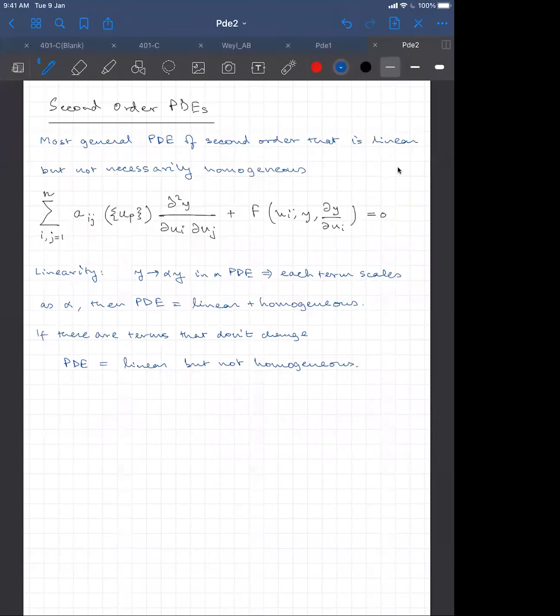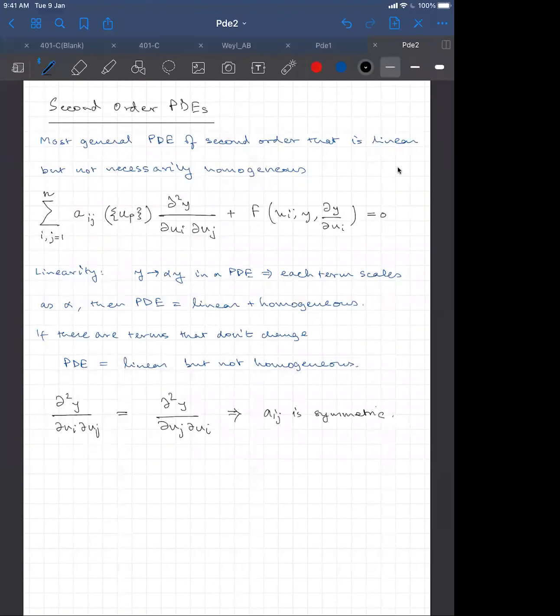In that case, del 2 u del ui del uj is equal to del 2 u del uj del ui, and you can see that we can safely say that aij is symmetric, right?